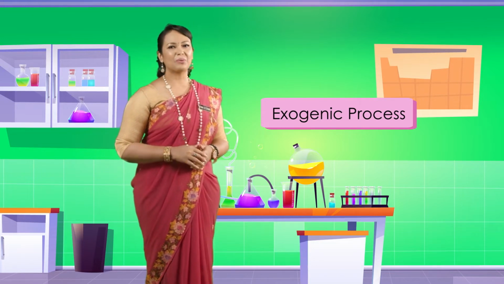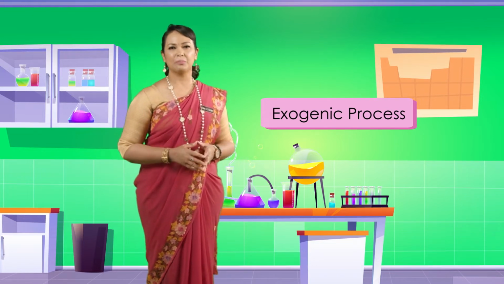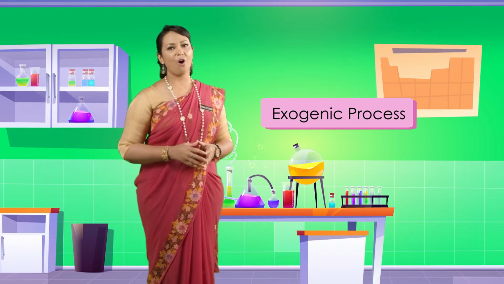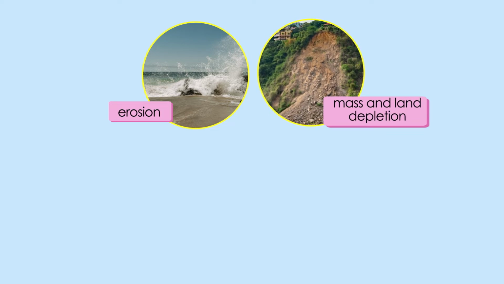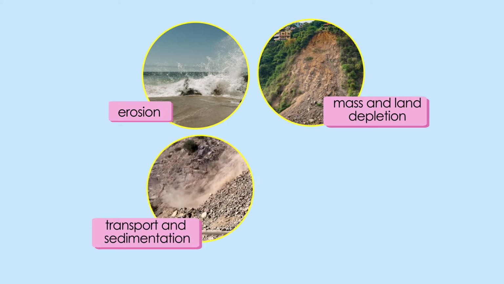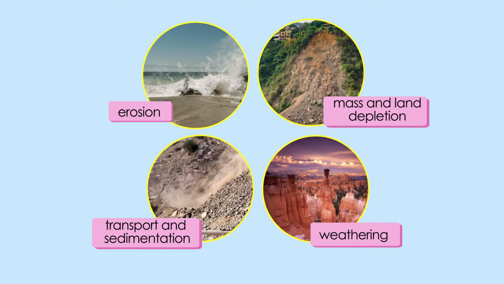The exogenic process is a geological process that occurs on the surface of Earth. Examples of exogenic processes are erosion, mass and land depletion, transport and sedimentation, and finally, weathering. These processes play major roles in changing the layout of Earth as we see it today.